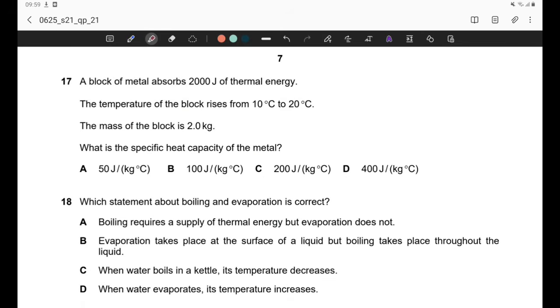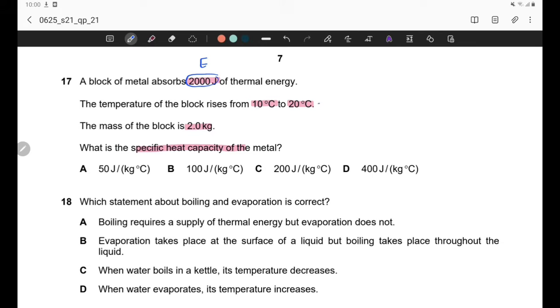A block of metal absorbs 2000 joules of thermal energy. The temperature of the block rises from 10 degrees Celsius to 20 degrees Celsius. The mass of the block is 2 kilograms. What is the specific heat capacity of the metal? So we are provided with the energy and the temperature before and after.